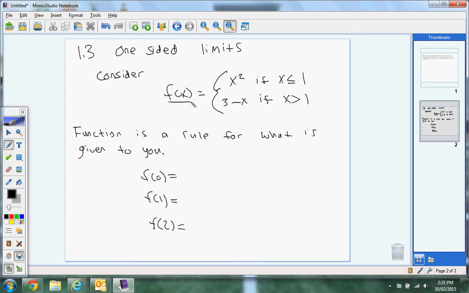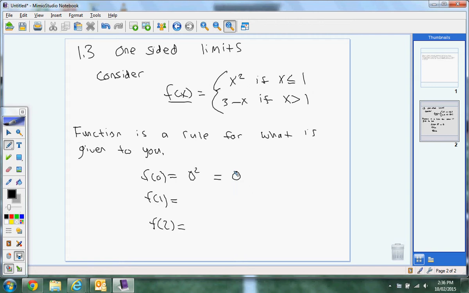Does that make sense? So if I'm doing f of 0 and I'm looking at piecewise, am I using x squared or 3 minus x? I'm using x squared. So I'm going to go 0 squared equals 0. Okay, so f of 0 is 0 for that function with those rules. Okay, 1. So which one do I use for 1?